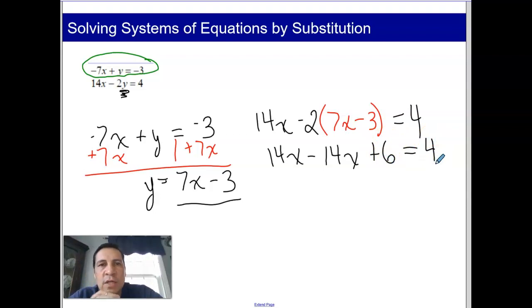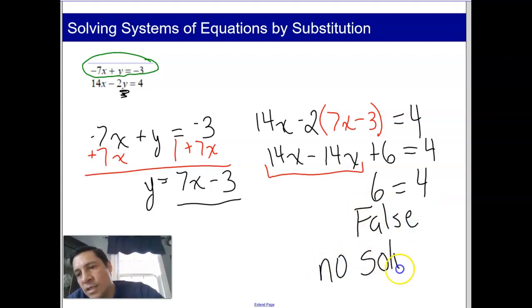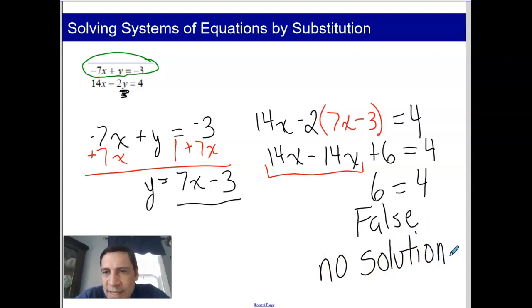What happens here when I try to combine my like terms? My x's zero out. I'm left with the statement 6 equals 4. This statement is false. There is no solution to this system. So what does that mean?